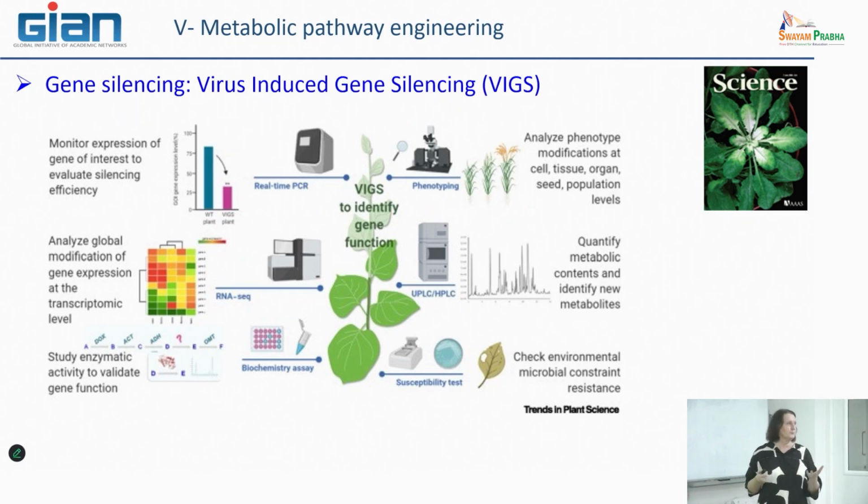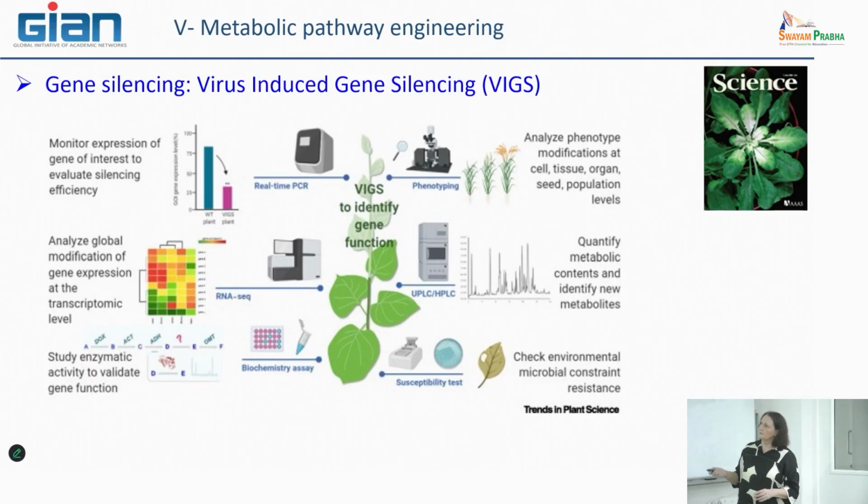This way, you can easily modify the plant at one gene, and then put the plant in different conditions to see if the silencing induces more or less resistance to a particular character. You can imagine that this fast technology could be applied to several types of questions that do not concern only metabolic pathways.